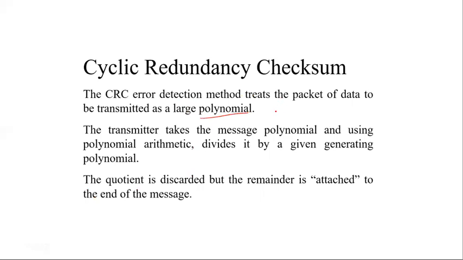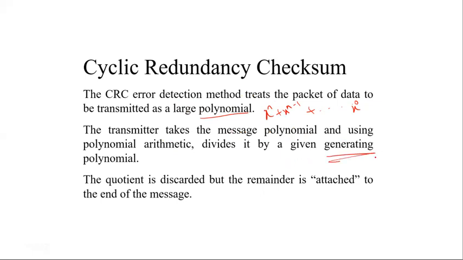So we have the CRC in terms of a polynomial, that is x power n plus x power n minus 1 and so on till x power 0. Now the transmitter takes the message polynomial and, using polynomial arithmetic, divides it by a given generating polynomial.